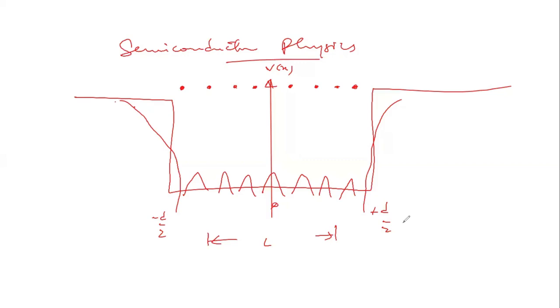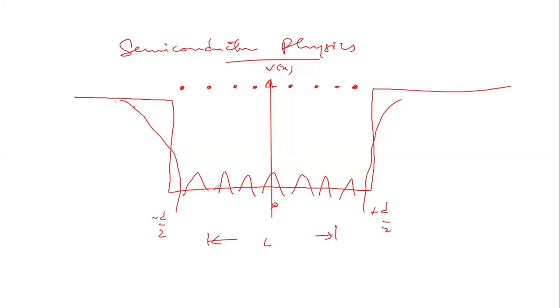Okay, so this actually shows a linear array of ion cores, which are the solid dots, okay? And it also shows the periodic crystal potential, which are these solid cores, okay?